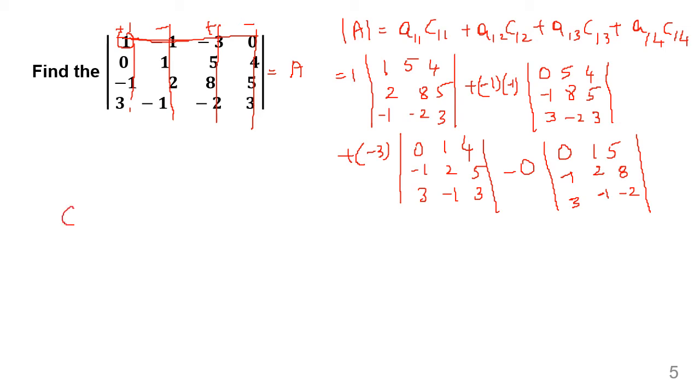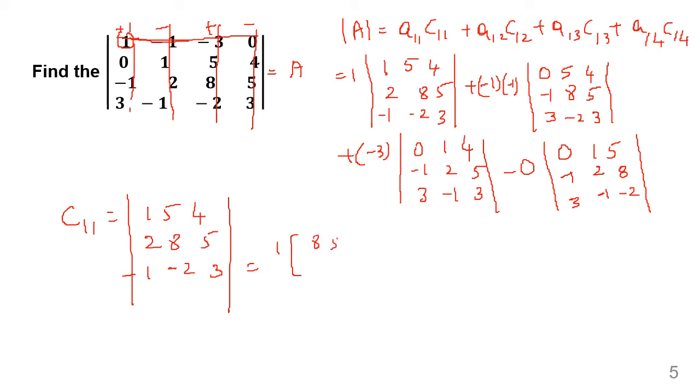So first we'll write C11 is nothing but 1, 5, 4, 2, 8, 5, minus 1, minus 2, 3. So this determinant is nothing but 1 into a matrix 8, 5, minus 2, 3, minus 5 into 2, 5, minus 1, 3, plus 4 into 2, 8, minus 1, minus 2.